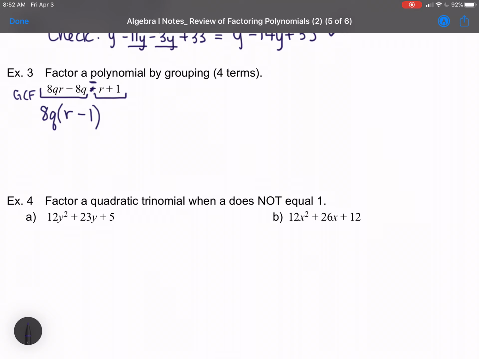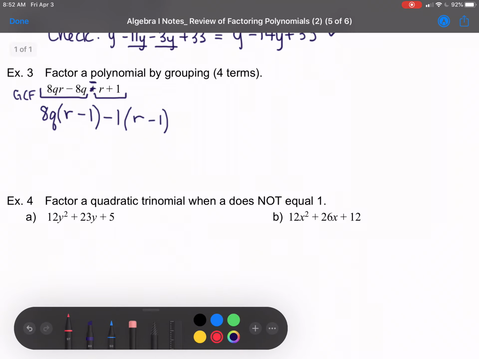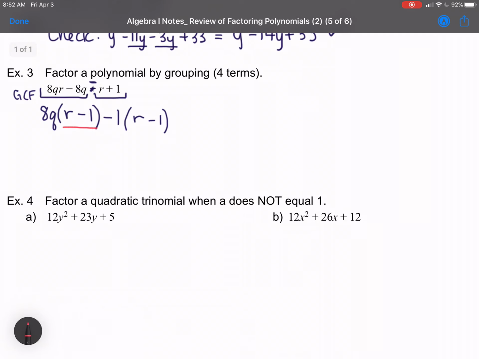And then we have negative R plus 1. Remember, whenever we have a negative in front, we're going to factor that out. Negative R divided by negative 1 is R, and 1 divided by negative 1 is negative 1. The key thing here is that we want to make sure our parentheses match.